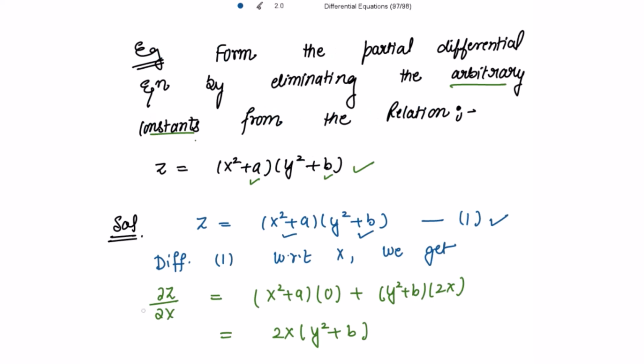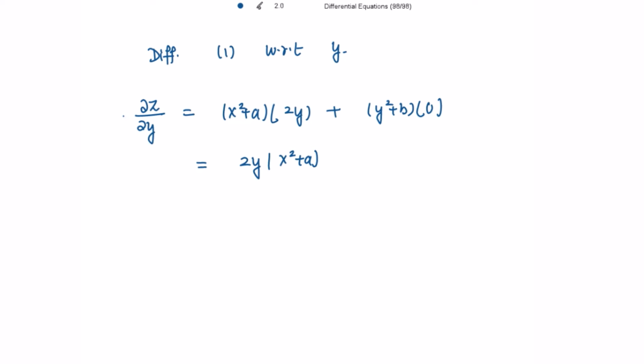Now partial derivative of z with respect to x is nothing but p. And please mark this as equation 2. So p is equal to 2x into (y square plus b), and partial derivative of z with respect to y is q. So this is q, and marking this as the third equation.